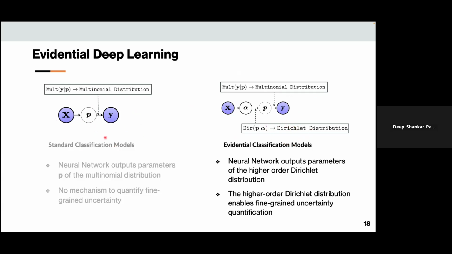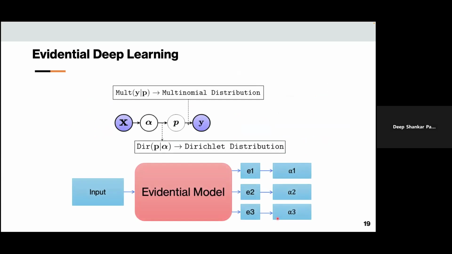Instead of the neural network outputting the parameters P, it's basically outputting parameters for a higher order Dirichlet distribution. And this higher order distribution is what enables fine-grained uncertainty quantification. So in this evidential framework, we pass the input that is transformed to evidences. These evidences are transformed to parameters of this Dirichlet distribution. And this distribution is what enables the uncertainty.